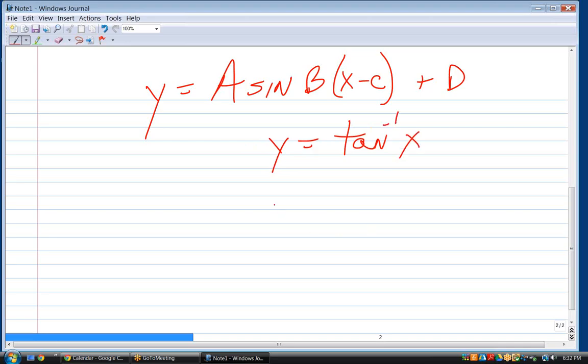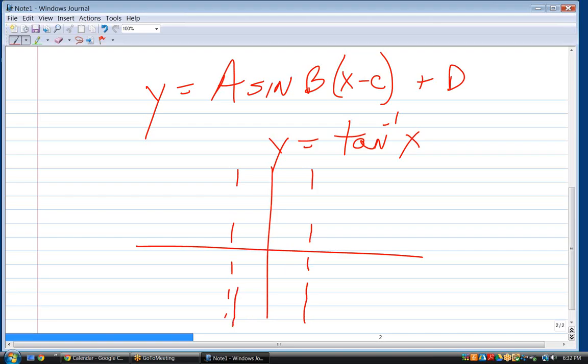Okay. First of all, let's graph y equals tangent of x. It's one period of y equals tangent x.